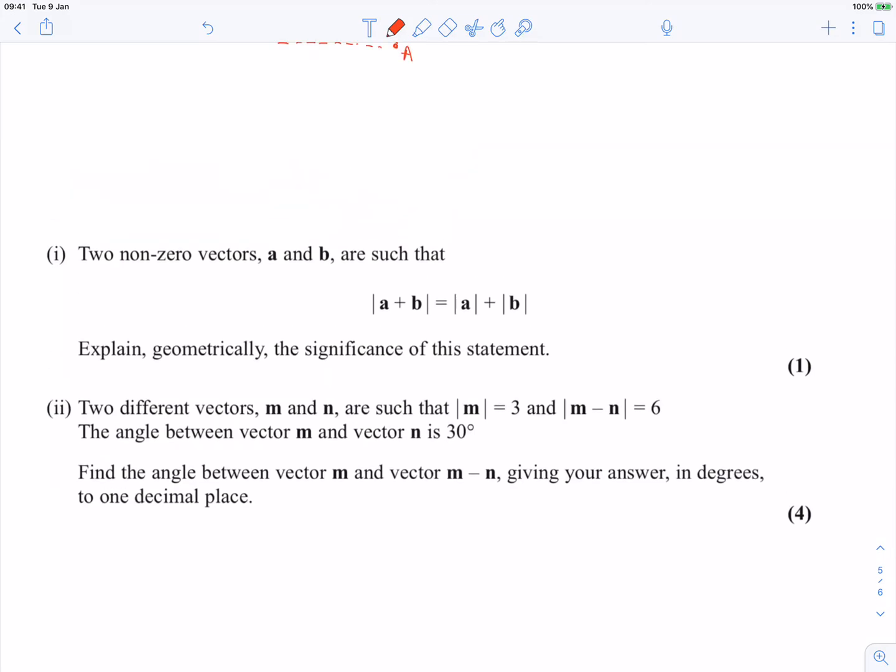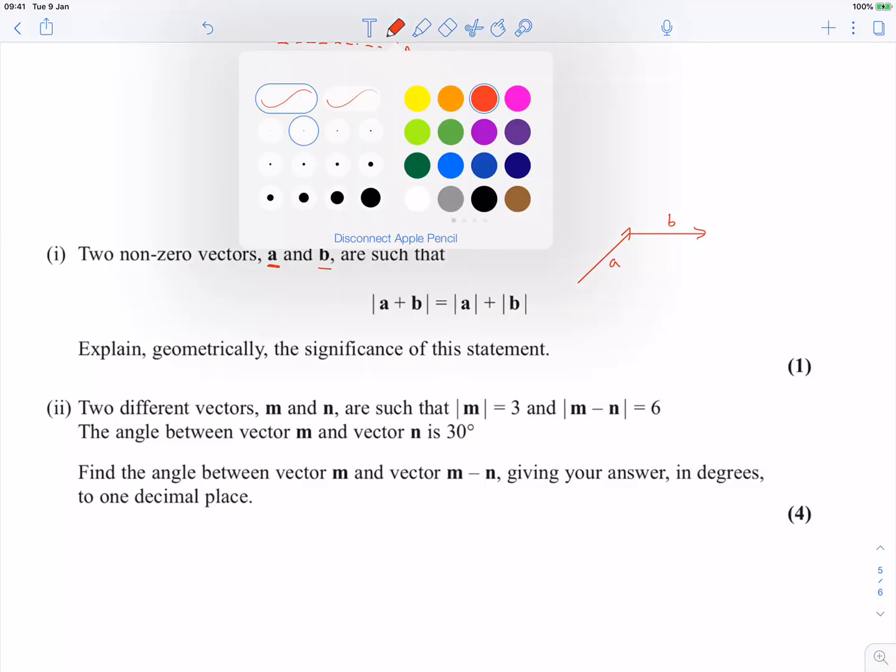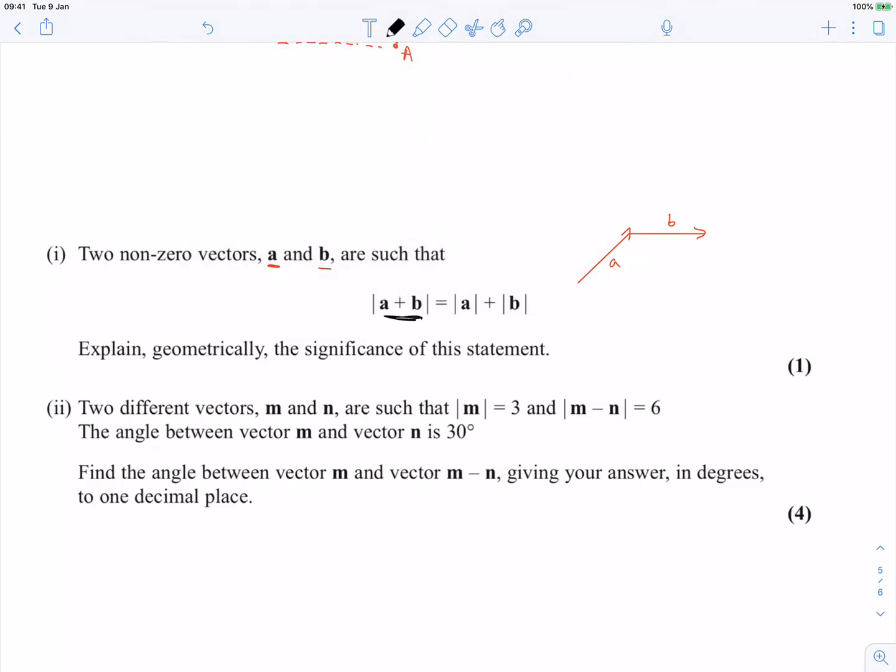Okay, so what's going on here? Let's say I've got the vector A, which let's say is a vector going like this. There's my vector A. And let's suppose B is some other non-zero vector, and let's say it's not parallel to A, so it's looking like this. Then what does the vector A plus B look like?